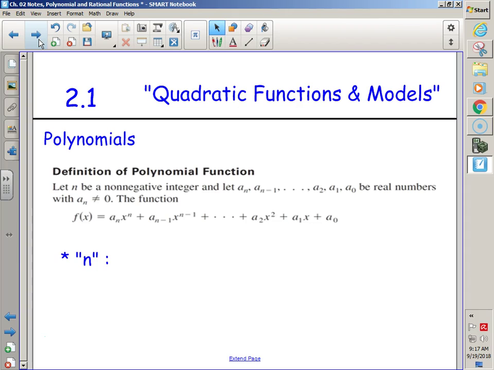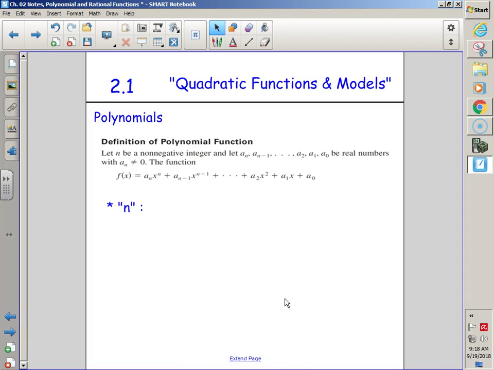That's it. But what kinds of powers? Non-negative integers. Can we talk through really quickly, why does n need to be non-negative and only integers? What would happen, just real quick? Some of you are already thinking, good.